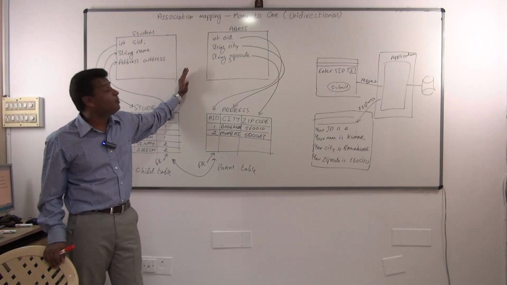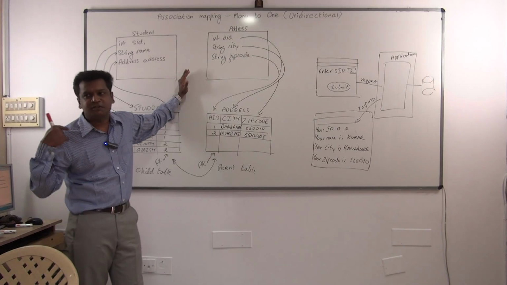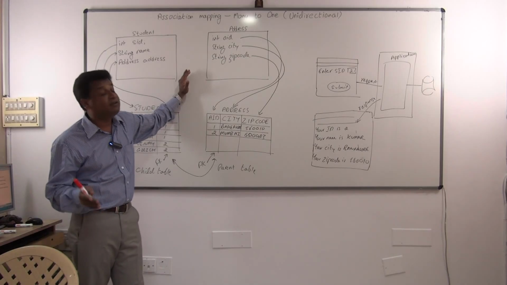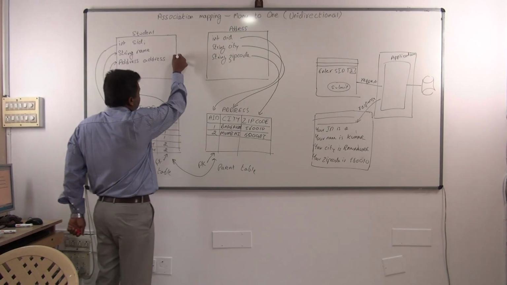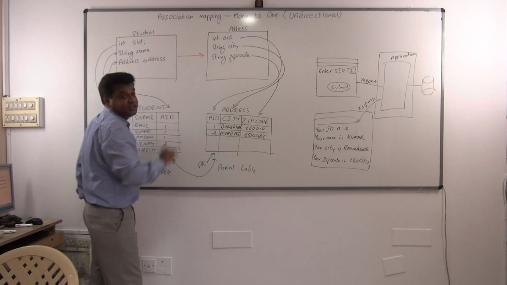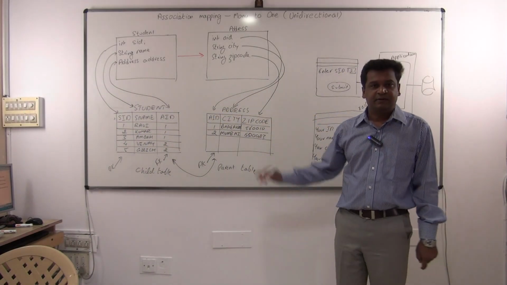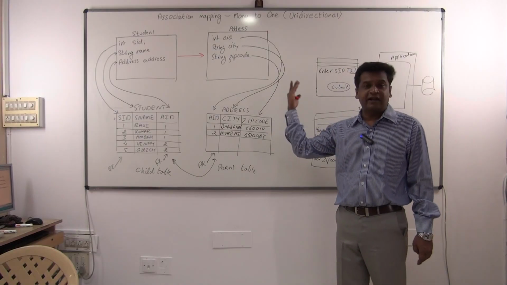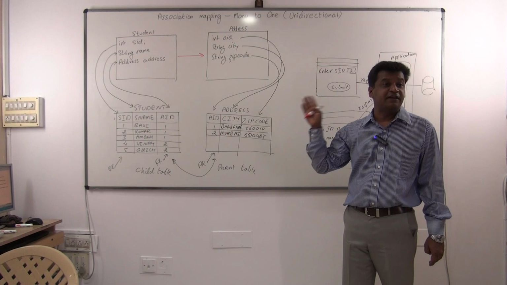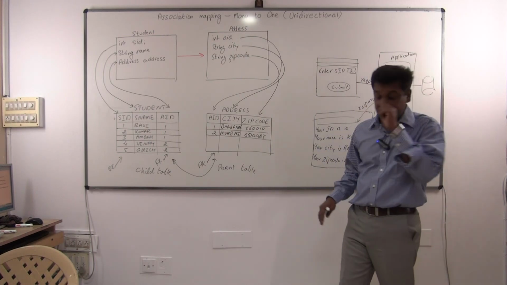So that is why we say this direction becomes unidirectional, because it is one way. From the student I can access the address, but from the address I cannot access the student. That's why it is called unidirectional. Clear?